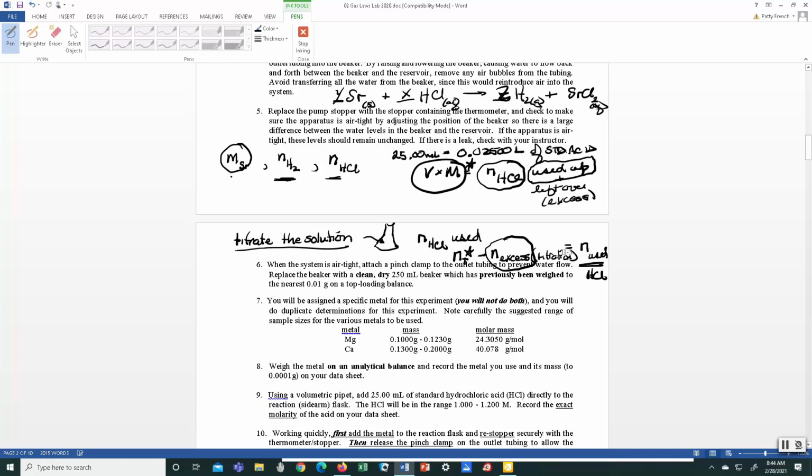How can I get the number of moles of strontium from the mass? Exactly, using the molar mass. So you're going to have grams of strontium times the inversion of the molar mass, or divided by the molar mass, and that'll finally give us the last mole we need.